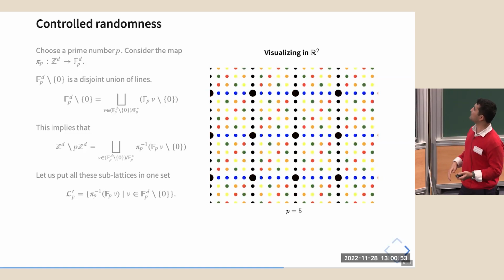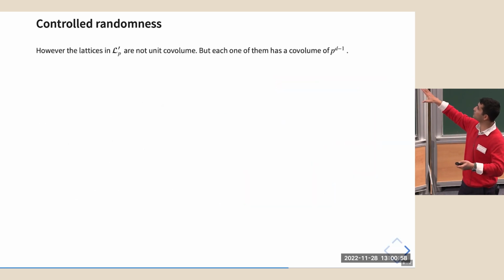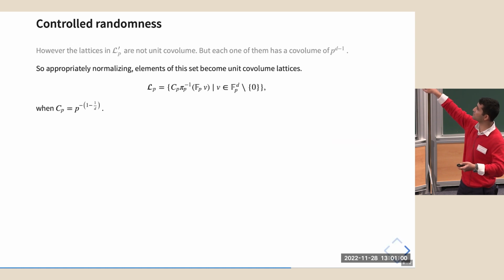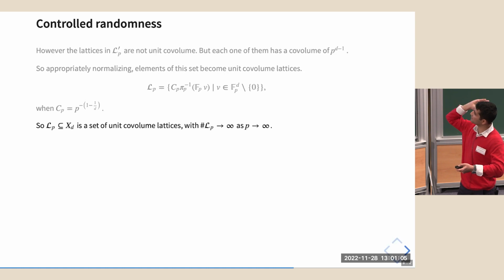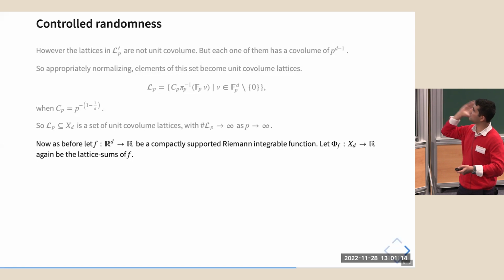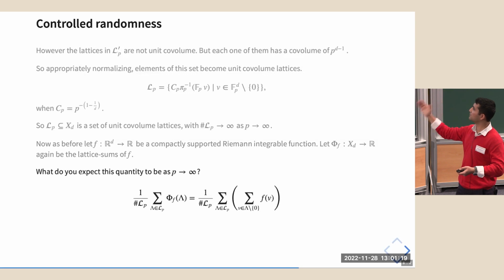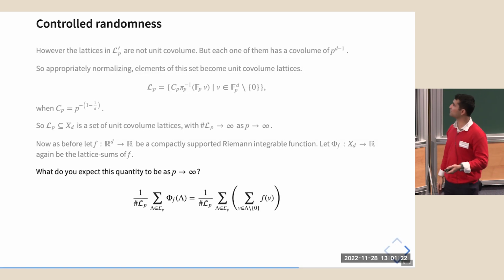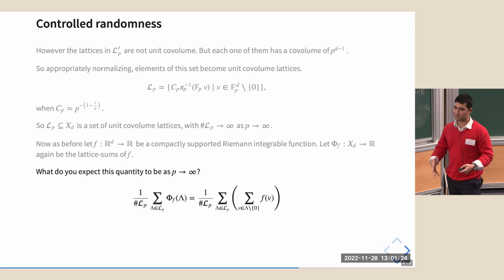The point is you can take this collection of lattices, and they are not yet of unit covolume, so you have to scale them by a constant which depends only on p. Then you have a collection of unit covolume lattices, and you let p become bigger and bigger, so this number of unit covolume lattices becomes bigger and bigger. Then you can ask what is the average value of the lattice sum function on such a growing collection of finite lattices.